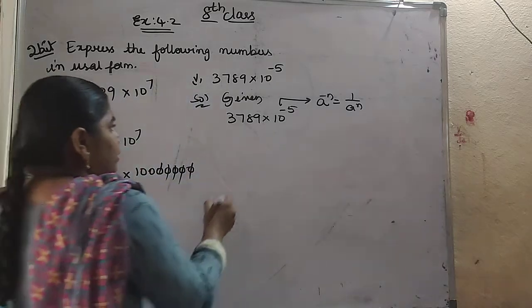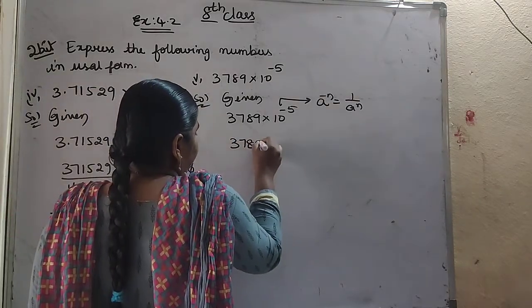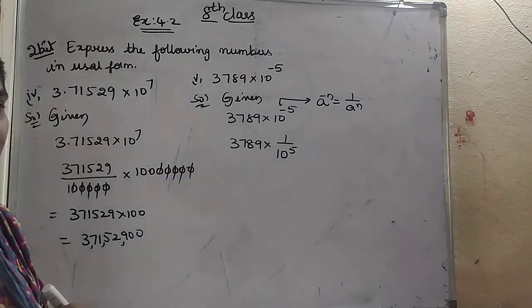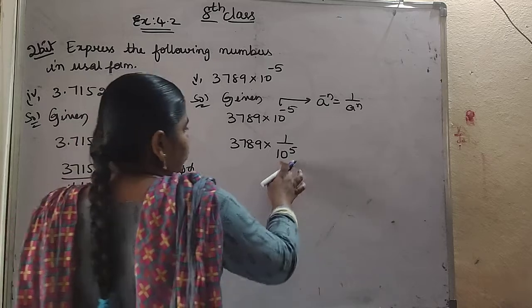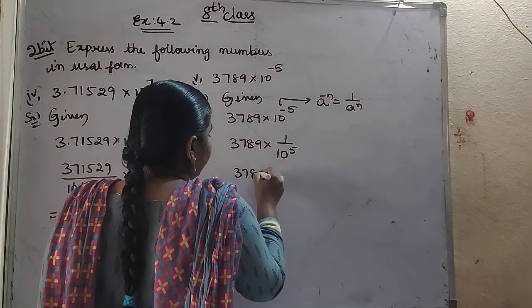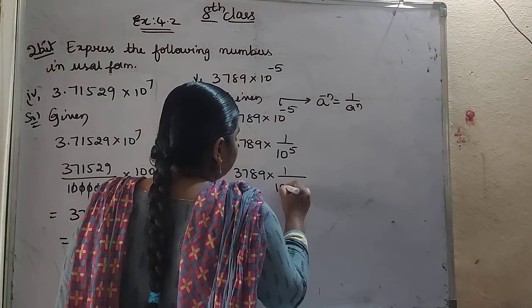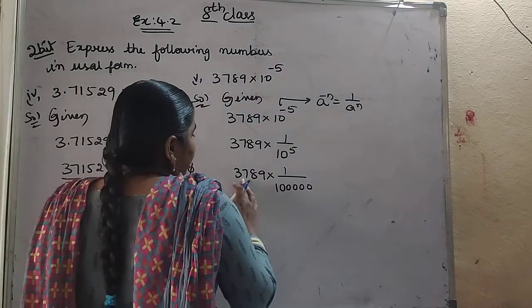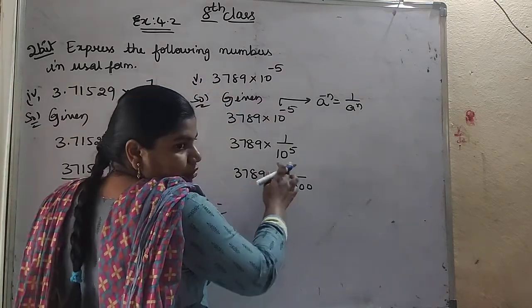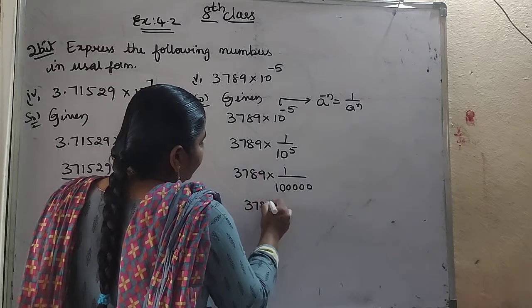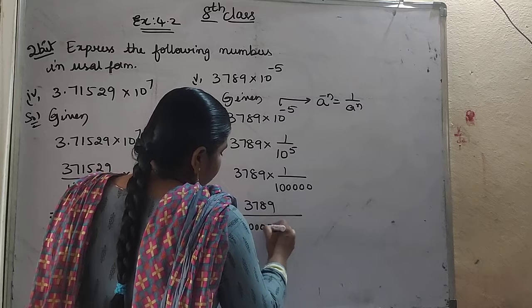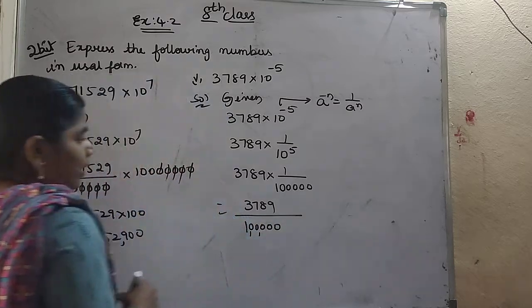So we have to convert that: 3789 into 1 by 10 power 5. 10 power 5 we can write as 5 zeros. So just multiply the terms. 3789 into 1 will be 3789 by 5 zeros, that is 1 lakh.